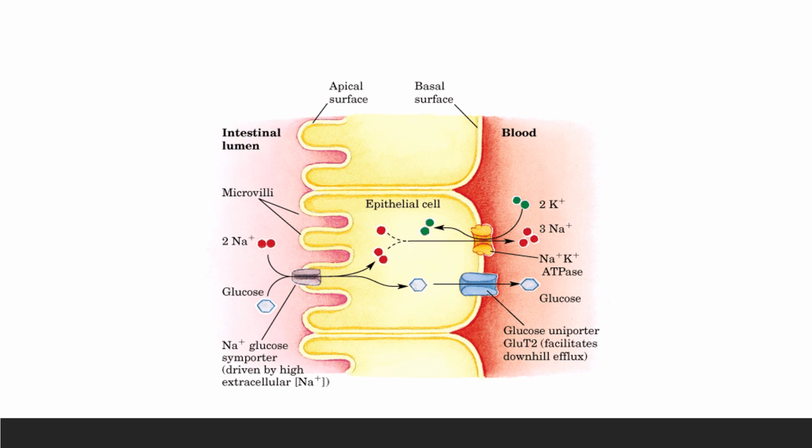One surface faces the lumen, that is the luminal surface, and another surface, opposite to the lumen, faces the capillaries or blood. This is the basal surface. So all these epithelial cells have two surfaces. One is the apical surface or the luminal surface, another is the basolateral surface or the basal surface.